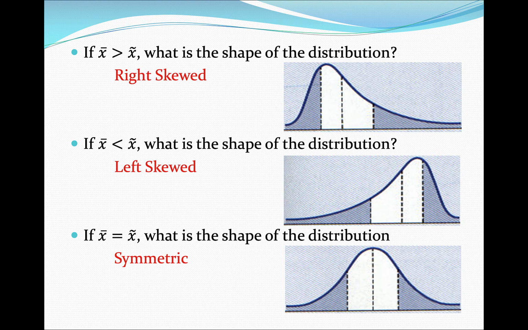And in those judgment calls, of course, it's important that you defend your answer. If you say that the mean is bigger, so it's right skewed, that is a good explanation as to why you said that. Or you can say these are close together, so I feel like it's fairly symmetric. Just make sure that you're able to defend those answers and understand why you're identifying it as you are.